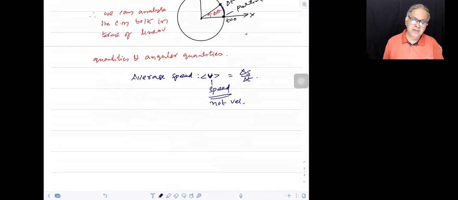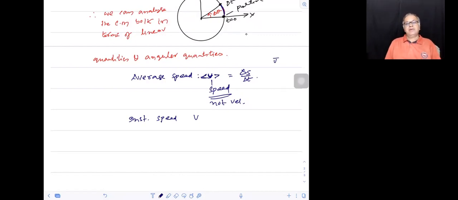But immediately comes the instantaneous speed. That is V instantaneous, or simply V. If you just write V, it is instantaneous. If I put some brackets like this, or some bar like that, that is average.